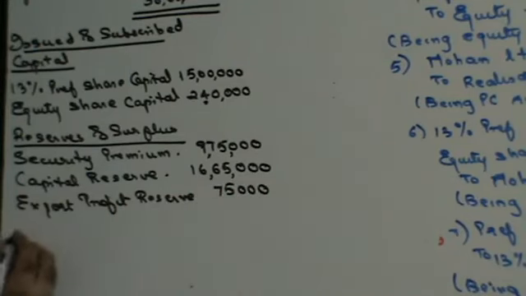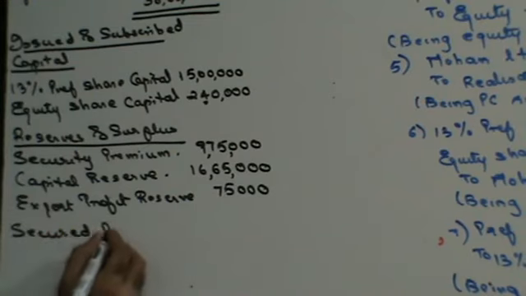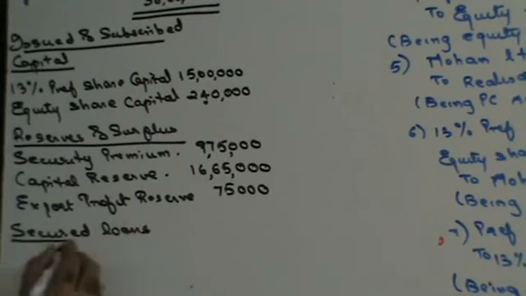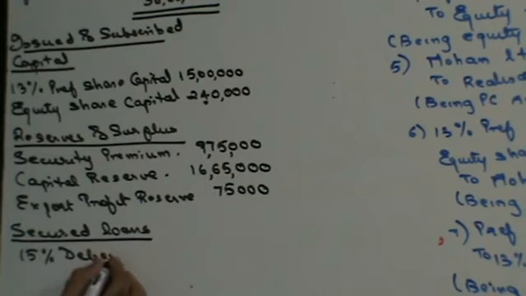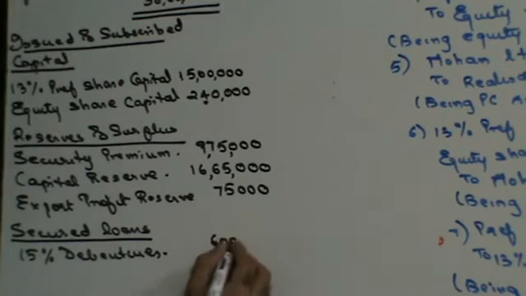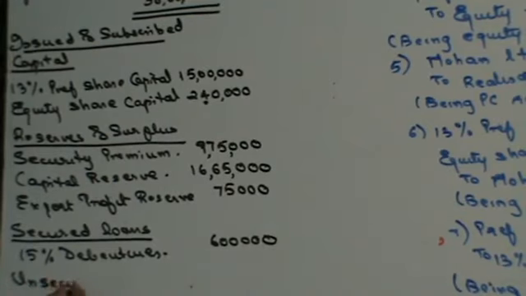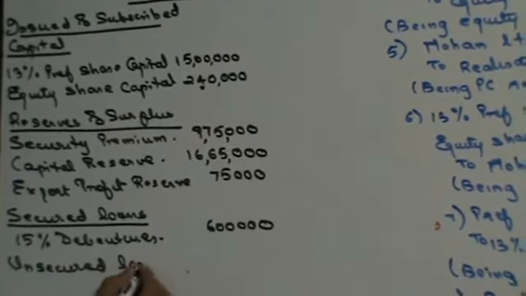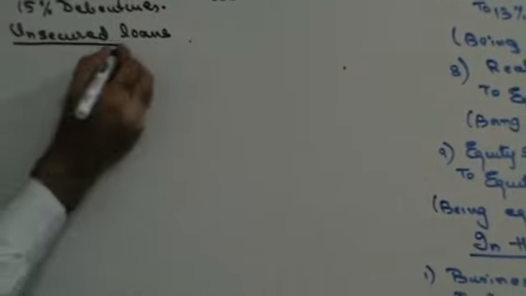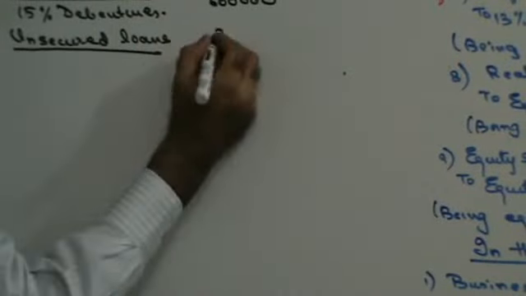Then you have secured loans. Under secured loans, you will have 15% debentures, which are 6 lakhs. Then you have unsecured loans of 2,25,000.